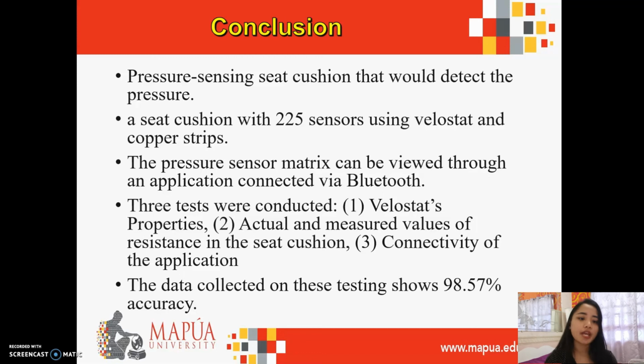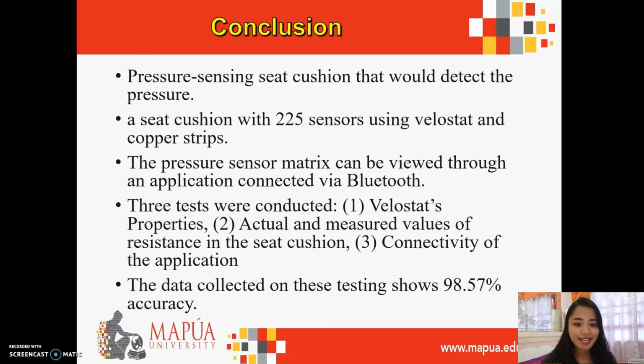The researchers were able to build a seat cushion with 225 sensors using velostat and copper strips. The device can read the pressure sensor matrix values and send this data to a Mega 328P microcontroller. The pressure sensor matrix can be viewed through an application connected via Bluetooth.